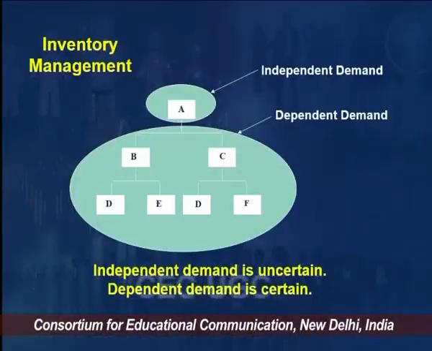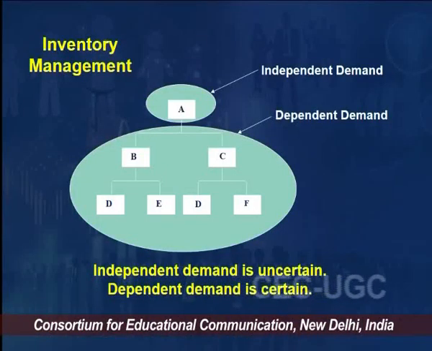Then in a dependent demand inventory system, the demand of these products depends on demand for other items. For example, the demand for raw materials and components is dependent on the demand for final goods. So the systems used to manage these inventories are different. You will see this slide.